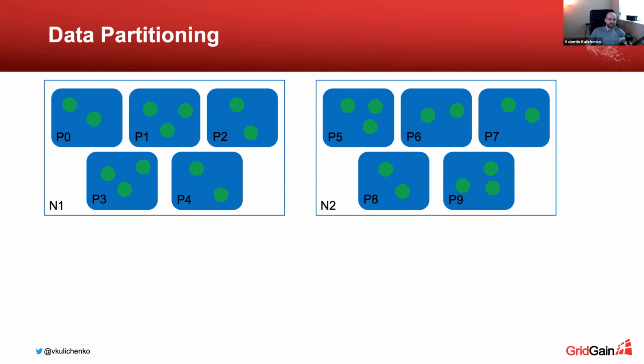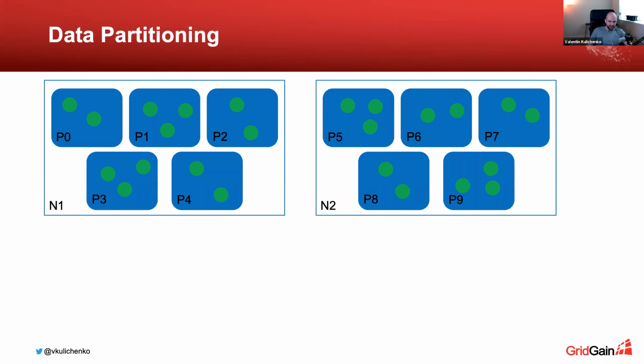So for example, we're saying we have 10 partitions, and we start with 2 nodes. With 2 nodes, we will have 5 partitions on every node. If we add a new node, those partitions are then redistributed across the cluster, but the total number of partitions doesn't change.